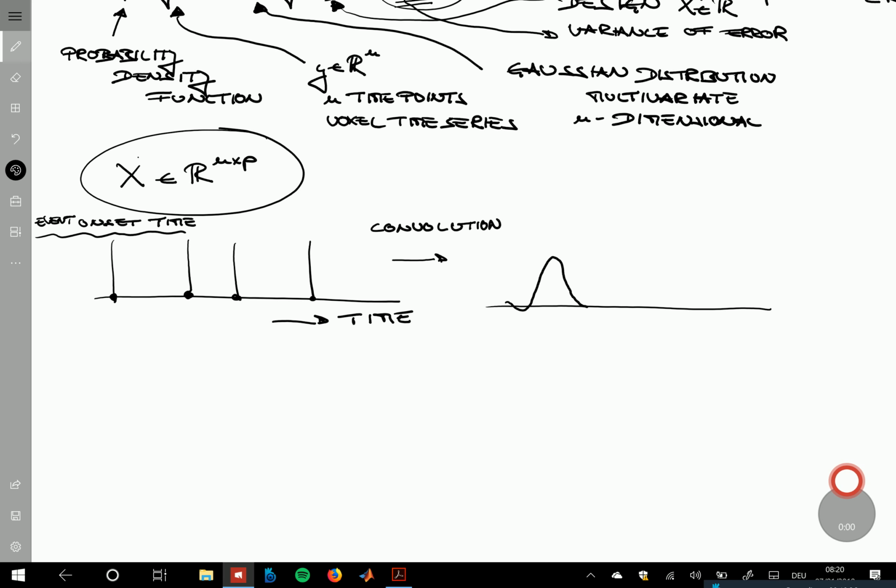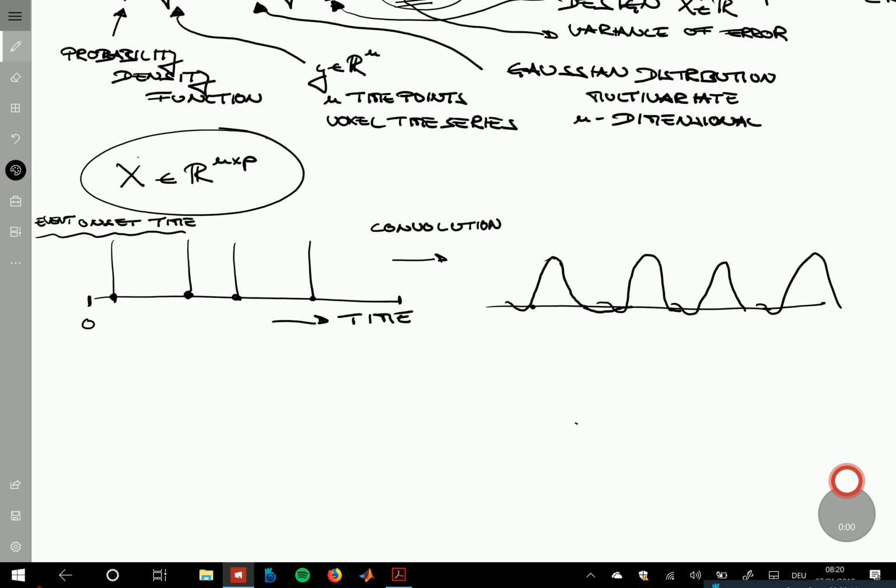Maybe with an initial dip, maybe not, maybe with a post-stimulus undershoot, maybe not, but definitely with a peak.